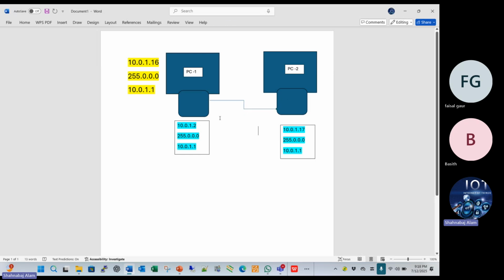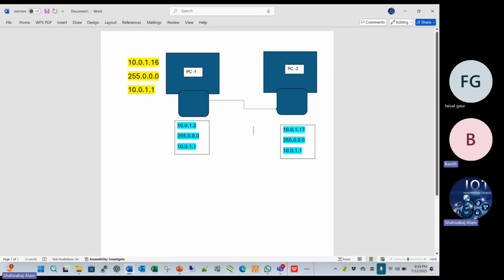Now we have configured 10.0.1.2 on PC1 with subnet mask 255.0.0.0 and gateway 10.0.1.1, and we also configured 10.0.1.17 with 255.0.0.0 on the other. So now we are able to communicate, right?